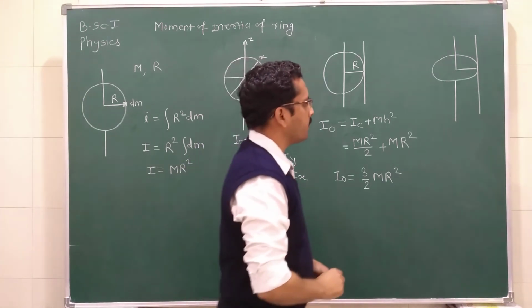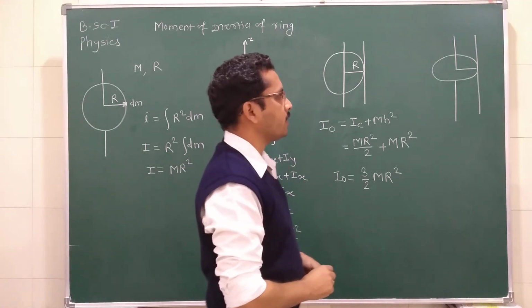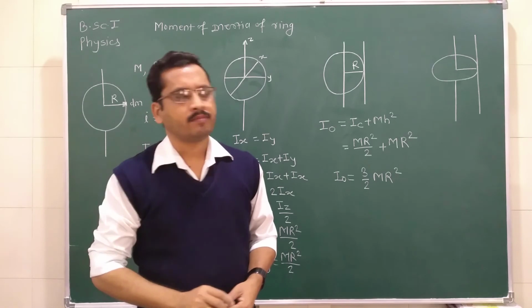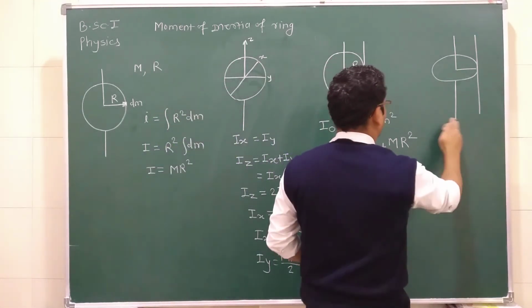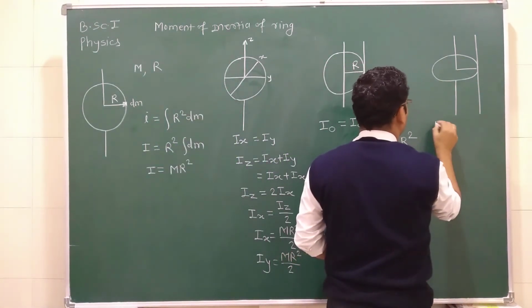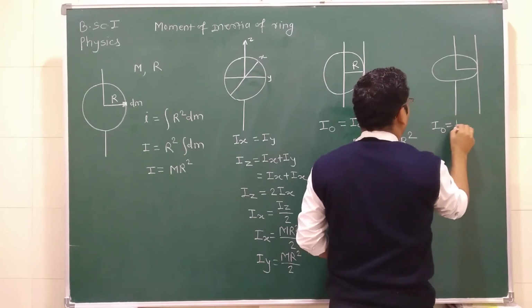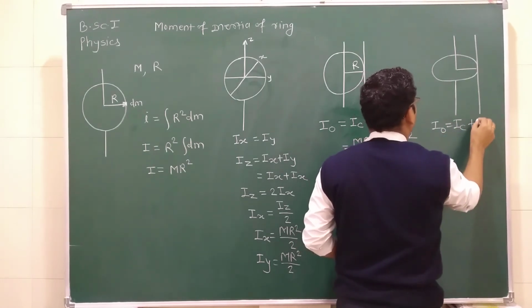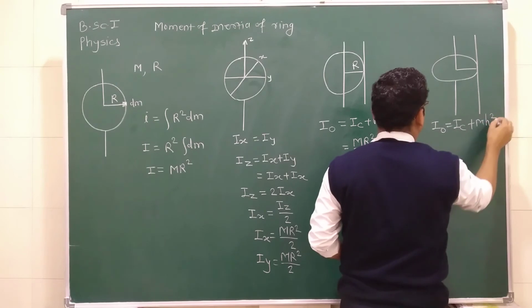How can we calculate the moment of inertia? Again we use the parallel axis theorem: I0 is equal to IC plus mh square.